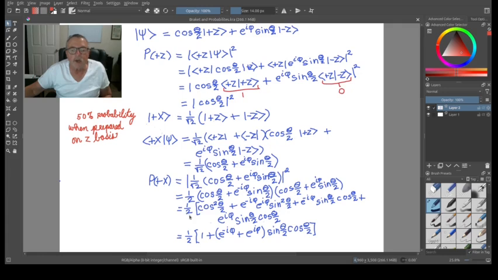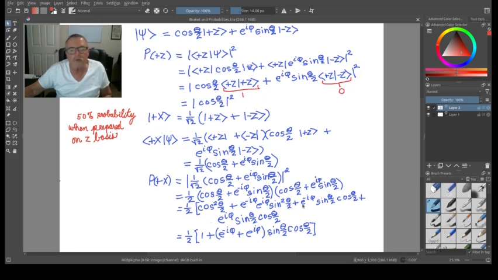If I take the 1/2 times all this mess, we start multiplying things out. The e to the minus I phi times e to the plus I phi, that ends up being a 1, so that takes out the sine squared. And what are we left with?